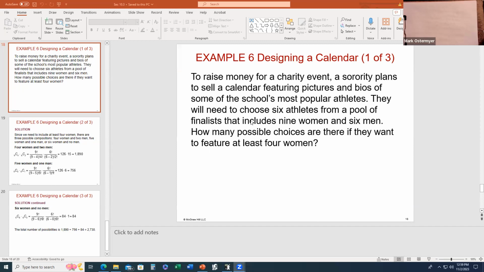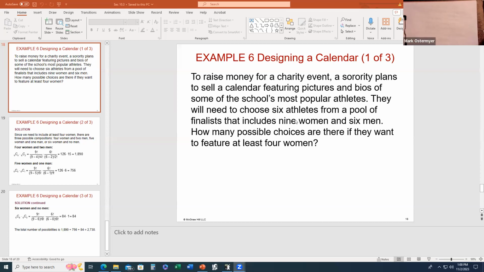Could we choose 6 women, ladies and gentlemen? Yes. Is that okay for this calendar, if we choose all 6 women? That'd be 6 athletes.